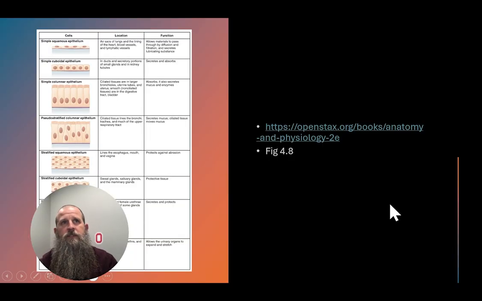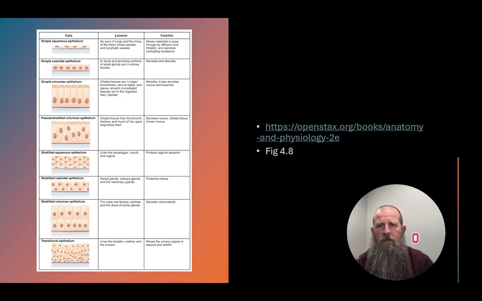Now, when you look at your epithelial tissue, the different types of epithelium are going to have different locations, and they're going to have different functions. And you can take a look at this and think about it just generally. We'll talk about it more when we get to physiology, but your squamous epithelium isn't very thick.